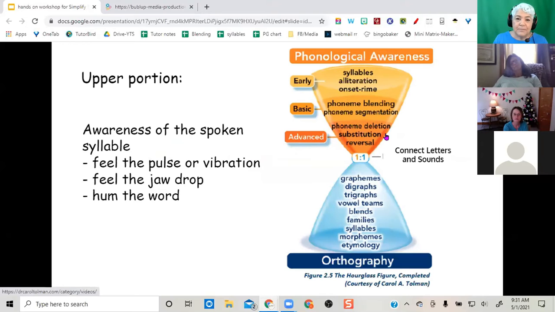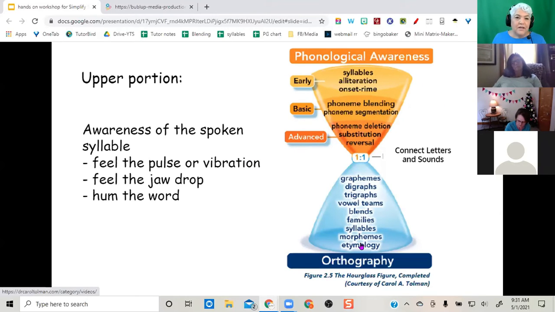If I need my students to be more aware, I'll often say hum it, because when you hum it, you will feel your hums. So if I take this phrase, feel the pulse or vibration, and then I want to just look at the word vibration, that was 3 hums. So for kids who don't like to touch themselves, or where they're inaccurate because they're either gripping or whatever, humming helps.